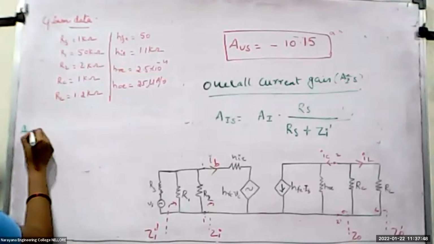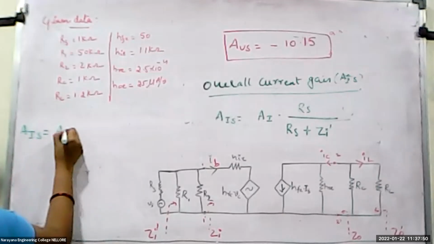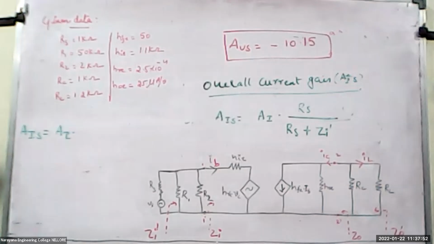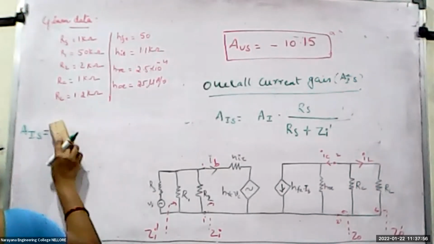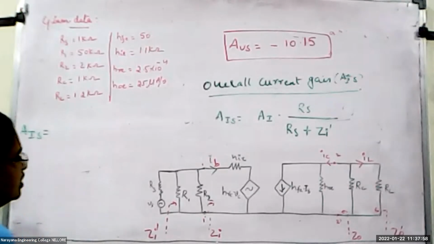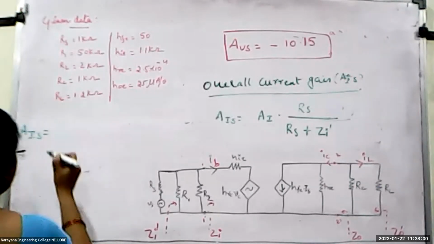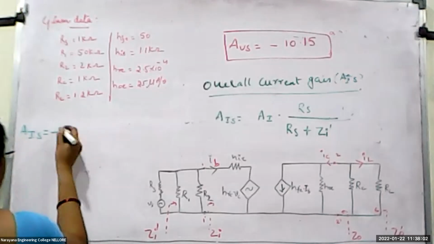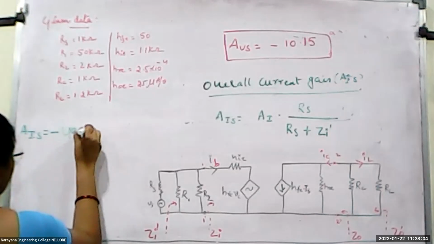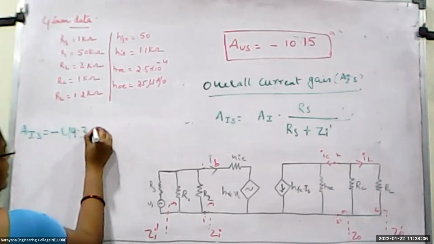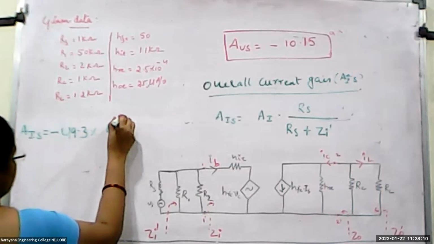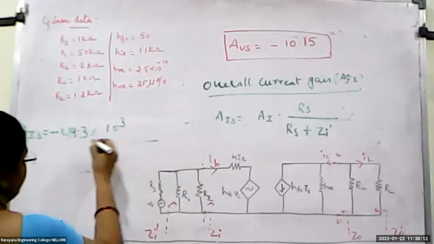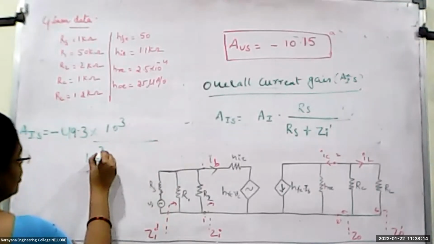AIS is equal to AI into AI. What is the AI value? Minus 49.32, ma'am. Minus 49.32. 49.32 into RS value is 10 cube divided by 10 cube plus ZI dash.